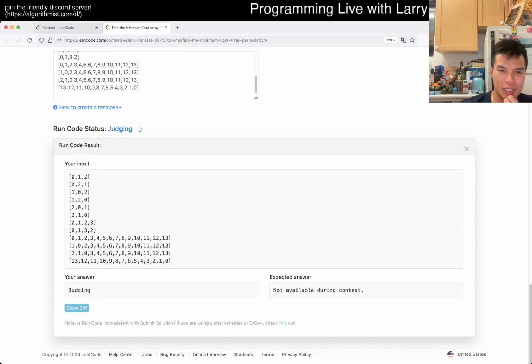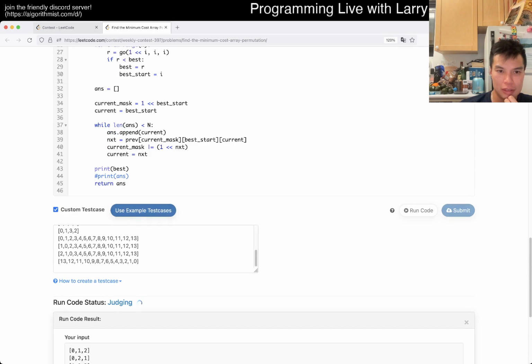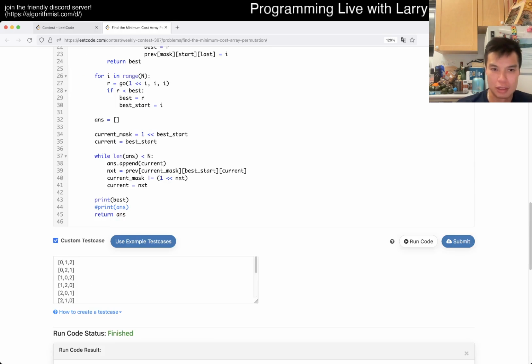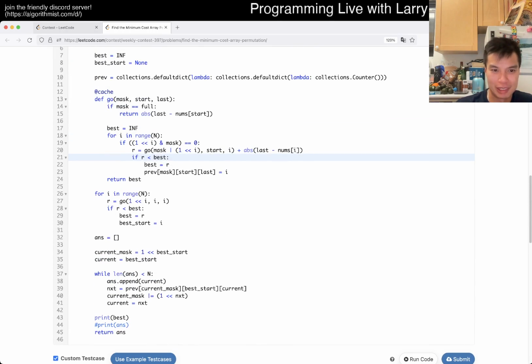Is 0 always the first element? Is that it? That's what I've been noticing, right? If that's it, I'm not gonna be happy.